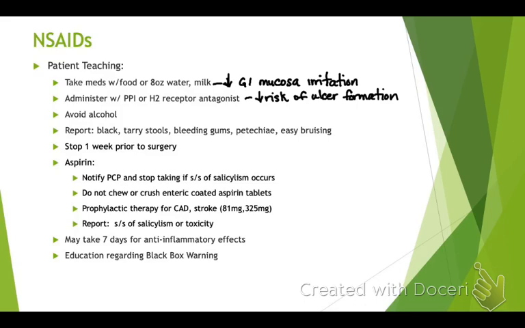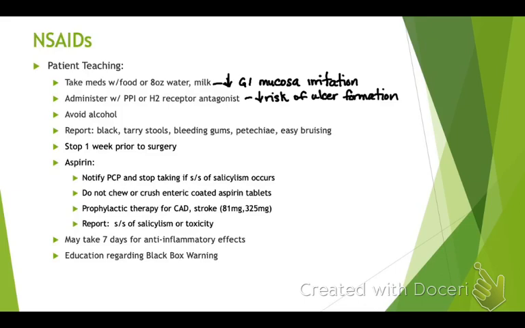Teaching for the patient, things that you need to remember. Again, you want them to take the medicine with food or at least 8 ounces of water or milk. It does decrease the GI mucosa, so it will lead to irritation. You want to administer with a PPI or an H2 receptor antagonist, again, to help reduce the risk of ulcer formation.